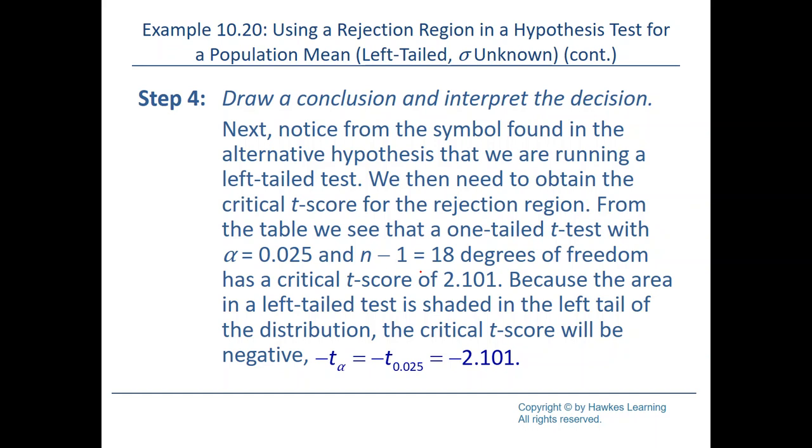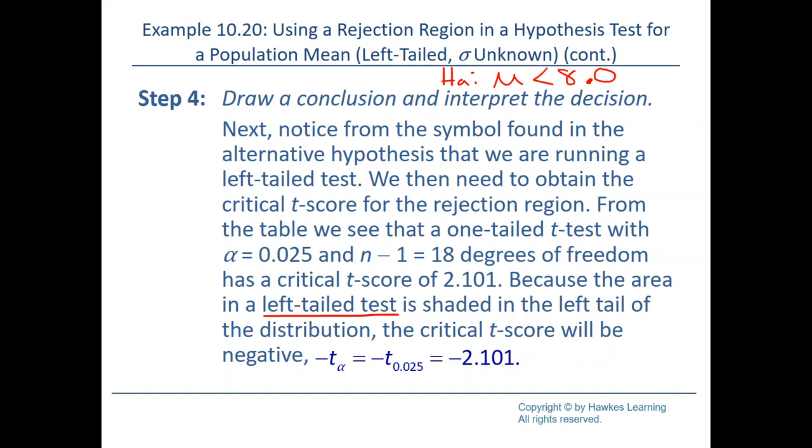How I knew it was a left tail test was that we said the alternative hypothesis was that the mean was less than 8. Because this was a less than 8, that tells me it's a left tail test.